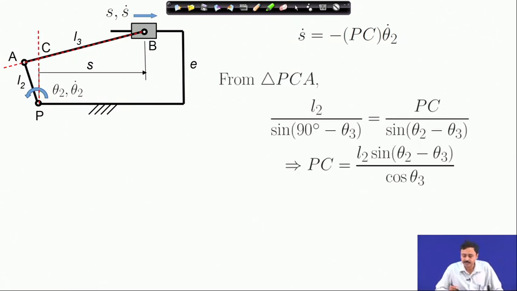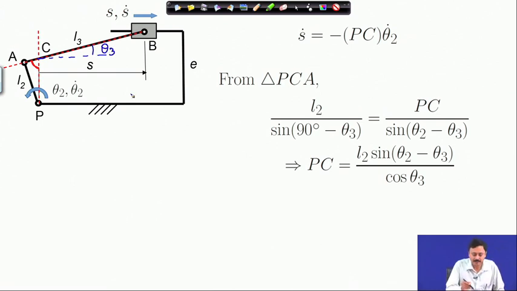Now, we have to find out P c. To do that, we look at triangle PCA. So, you can very easily find out PCA and use the sine rule. You can see that L2 divided by this angle. Now, what is this angle? Remember that this is theta 3.